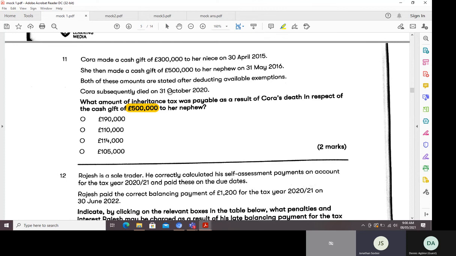She died on 31st October 2020, and we have to calculate the death tax on these 500,000.